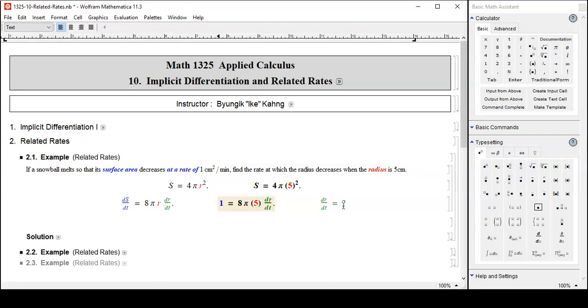As a matter of fact, it's so easy that I'm compelled to complete it right here. 1 over 8 pi times 5, so 40 pi.